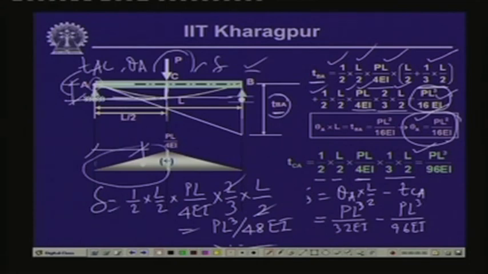So, in a simply supported beam, we can compute the maximum deflection either in the way we did first, that means we compute the tangential deviation of the support B with reference to the tangent drawn at A, thereby first computing the slope, and then at the center computing the deflection, or else in a simpler form we can take half the area of the M by EI diagram, take the moment with respect to point A and compute the deflection, and you will get the identical result.